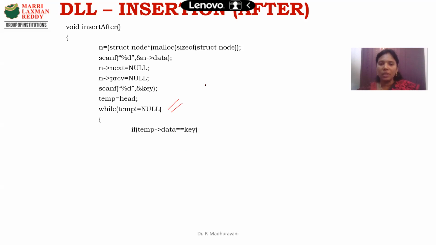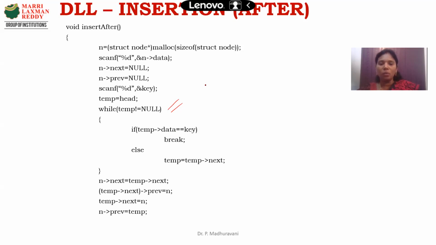If temp arrow data equal to key, then you stop searching, or otherwise move temp to the next node. Now, give the forward links: n arrow next equal to temp arrow next. The previous link: temp arrow next arrow previous equal to n. The left side links: temp arrow next equal to n and n arrow previous equal to temp. This is the implementation of inserting a new node after a given element.